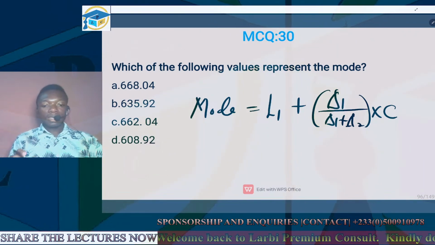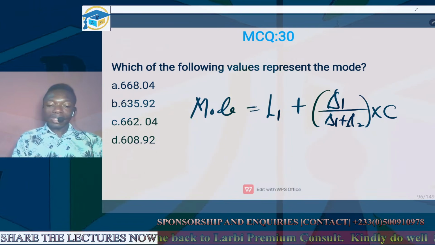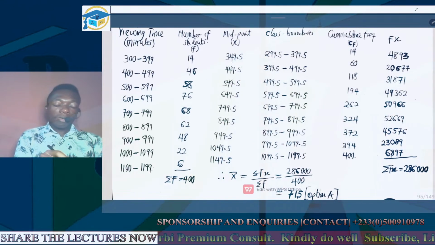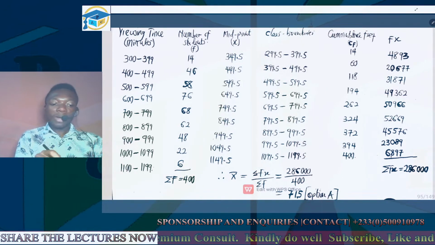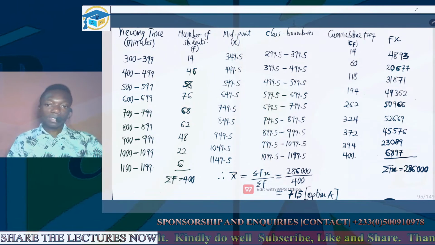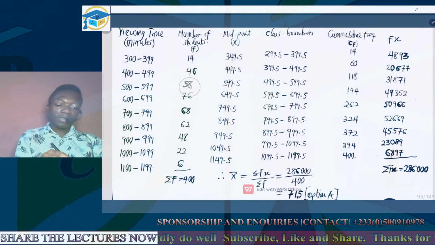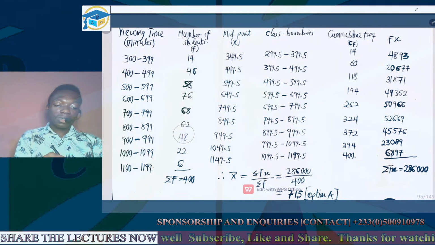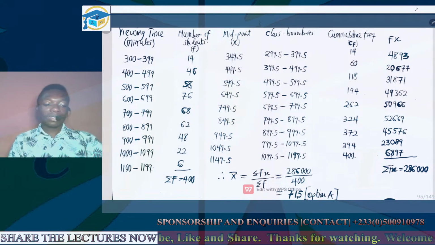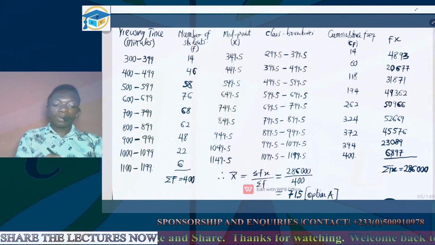In this case, we are going to use our data to compute that. So from here, what is our modal frequency? The modal frequency is the frequency that occurs the most in a set of data. So we have 14, 46, 58, 76, 68, 62, 48, 22, and 6. Which of them is the highest frequency? That's 76.